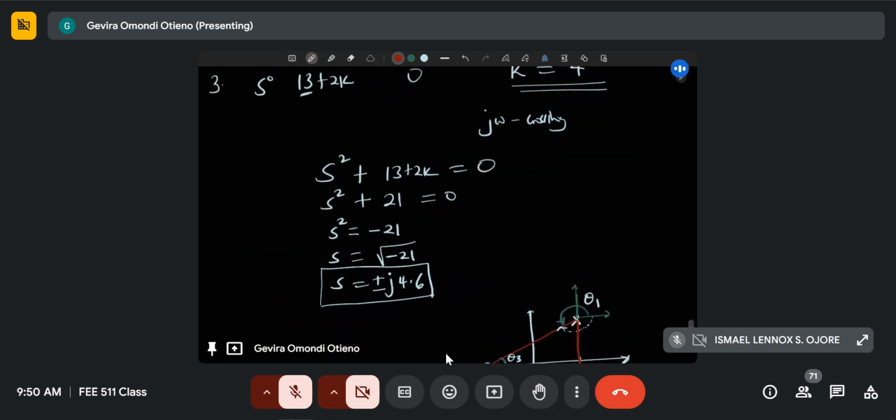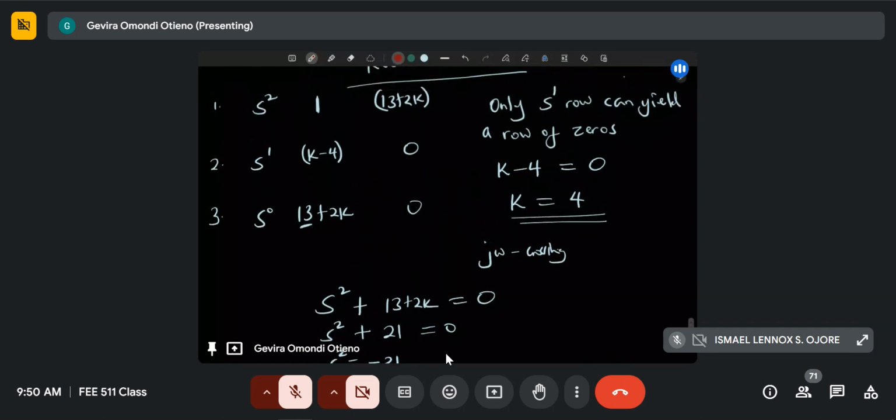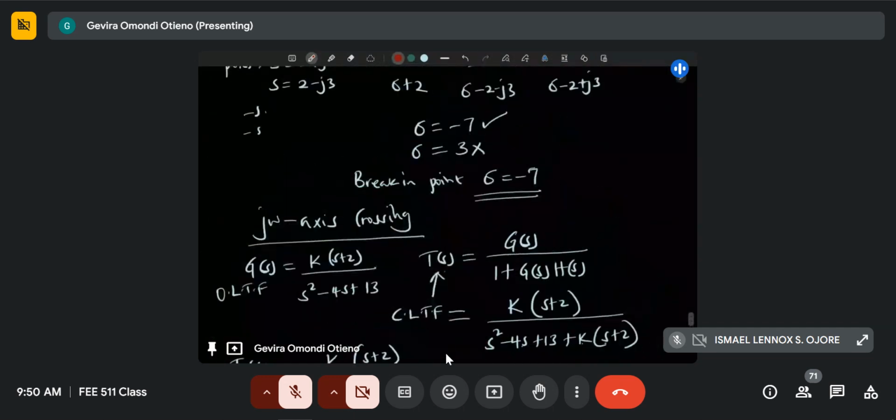No, you see, when we say departing, we are not saying that we are departing to a zero or to a breaking point. We are actually departing from the pole. It can depart, and we know that it is still moving on the root locus.